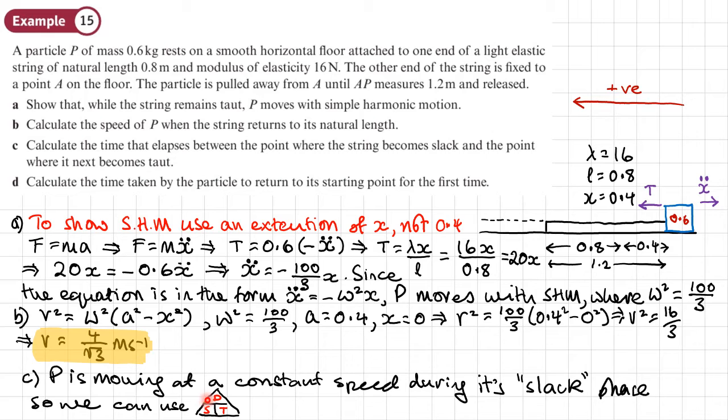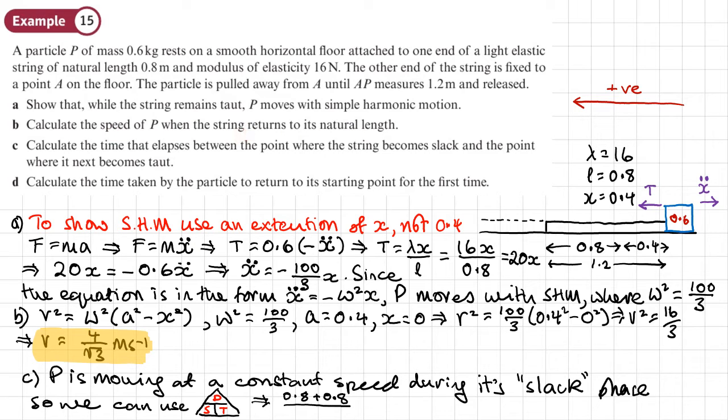Now we're trying to find the time that elapses, so we are going to need the distance over the speed. Now the distance is going to be that 0.8 plus another 0.8 on the other side, divided by the speed, and that speed is the speed that P was travelling at when it reached its natural length, which is what we just worked out, wasn't it? Yeah, calculate the speed of P when it returns to its natural length.